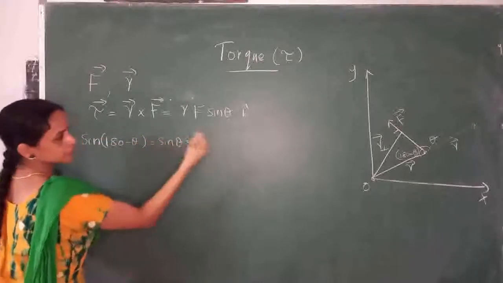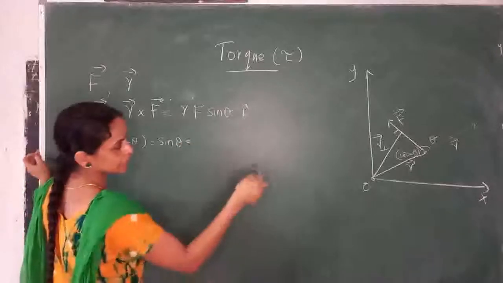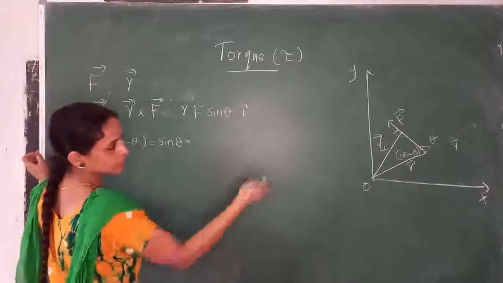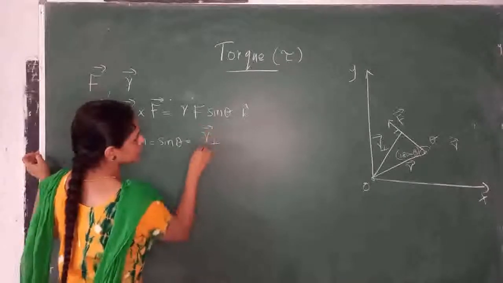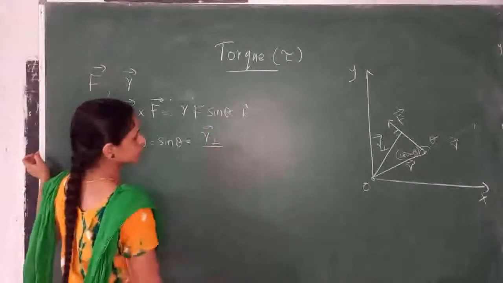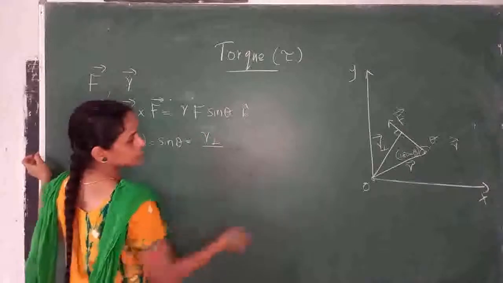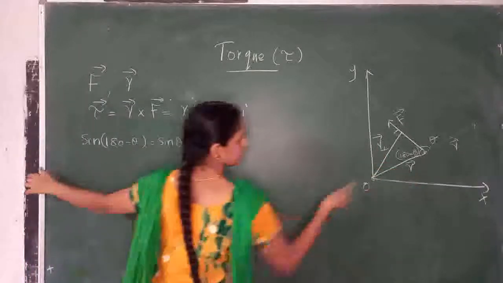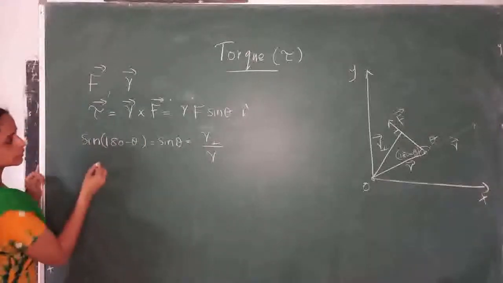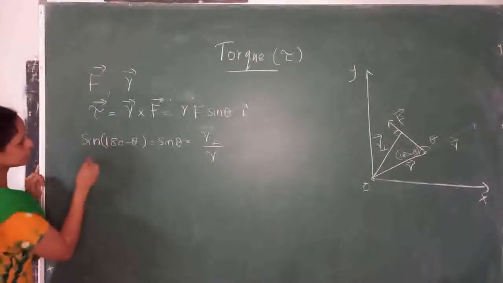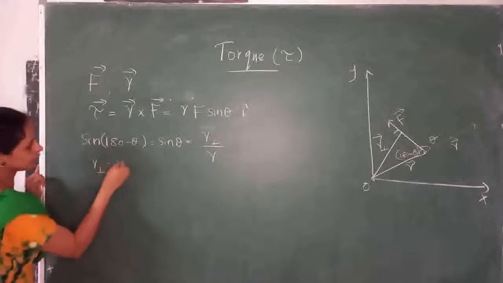From the figure, what is sin theta? Sin 180 minus theta is nothing but R perpendicular by the hypotenuse R. So R perpendicular is equal to R sin theta.